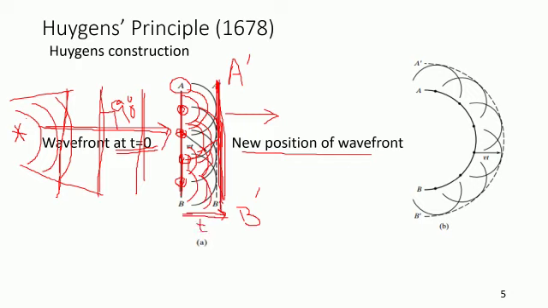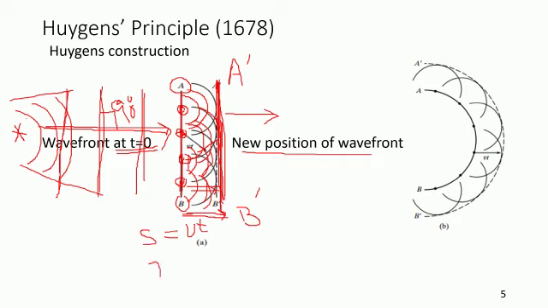How much distance has this wavefront moved in going from this old location to this new location? It depends on the velocity of the wavefront. The distance between this old location and this final location will be just v times t, you know this. But remember, this distance is actually the radius of the secondary wavelets.